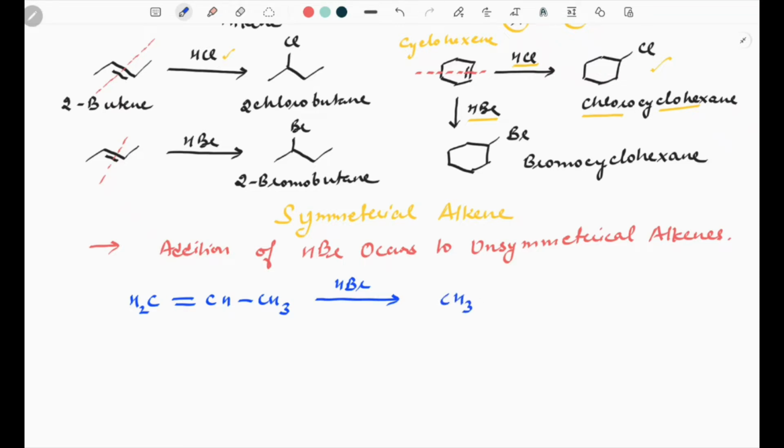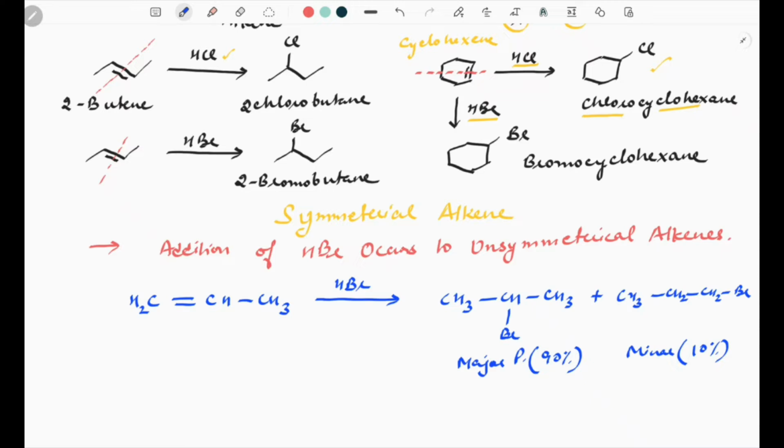One of them is 2-bromopropane, another one is 1-bromopropane. 2-bromopropane is formed as the major product. Almost 90% of the product formed is 2-bromopropane, while 1-bromopropane is the minor product, of which only 10% is formed.